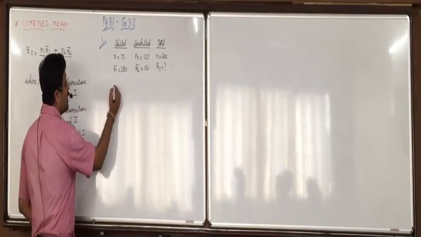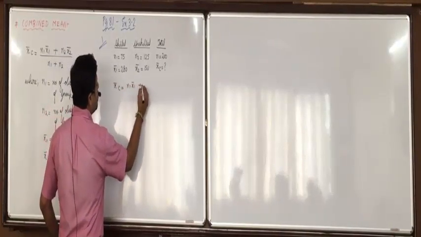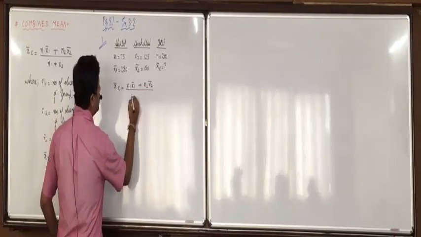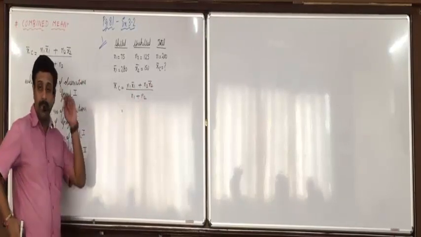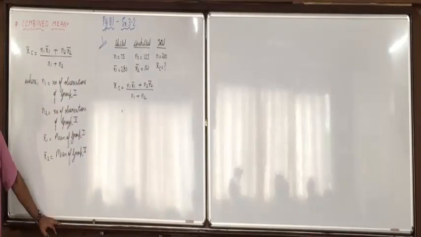Now, X bar C is equal to N1 X1 bar plus N2 X2 bar upon N1 plus N2. Read the formula? Got it everyone?